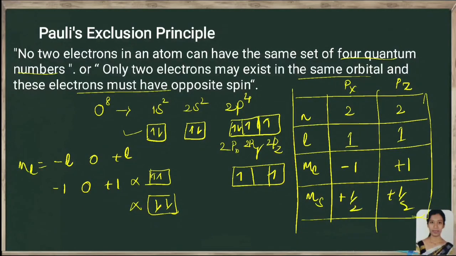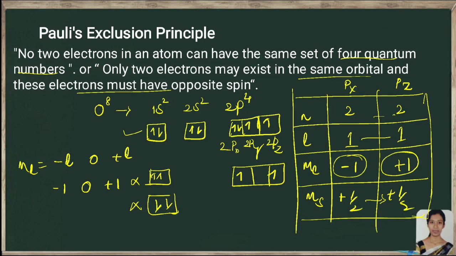So you can compare these. The principal quantum number is the same, the azimuthal quantum number is the same, the magnetic quantum number is different, and the spin quantum number is equal. If you consider any 2 electrons of any atom, at least one of the quantum numbers will be different.